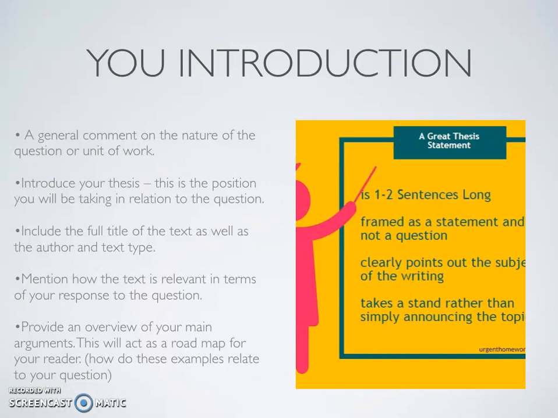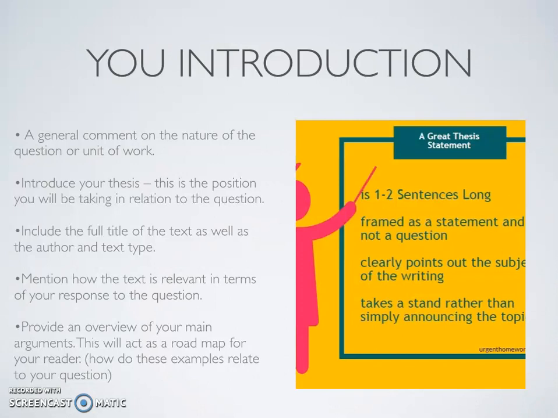So thinking about how you would include the full author's name within the text. Once you have stated the full text title as well as the composer's name, once you've done that in your introduction, you can then, in subsequent paragraphs as you go on throughout your essay, refer to your composer by their surname.